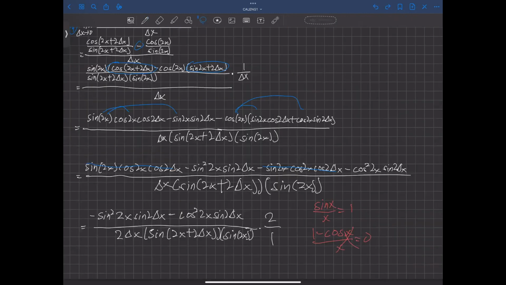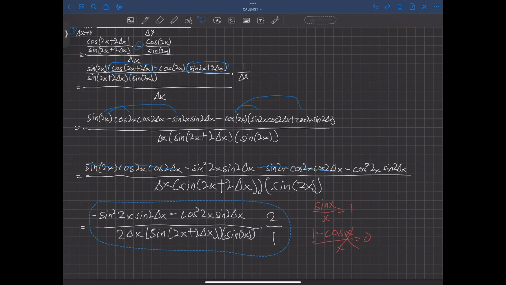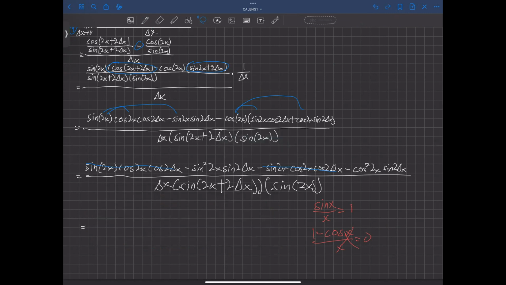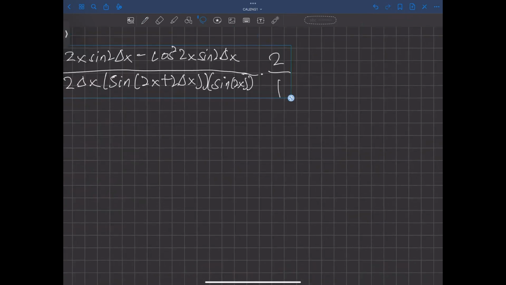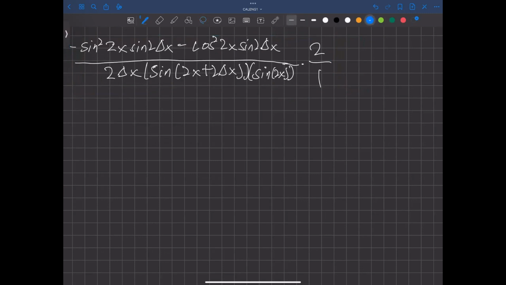Let me just copy paste this. Paste it here. Now, first, we have to factor out sine 2 delta x from the numerator, because once again, we want to cancel that.